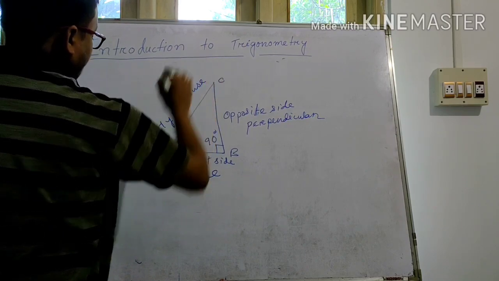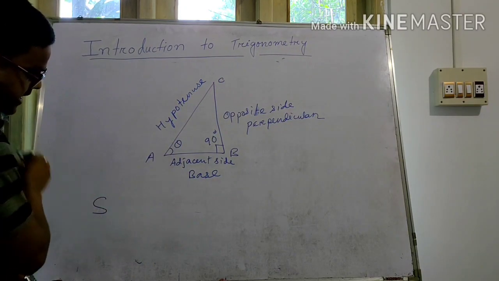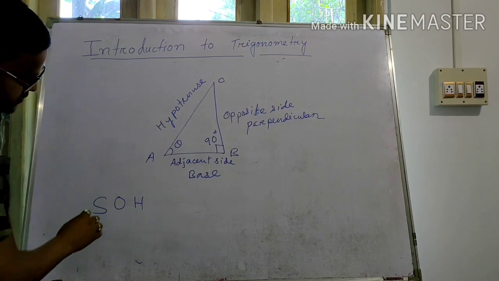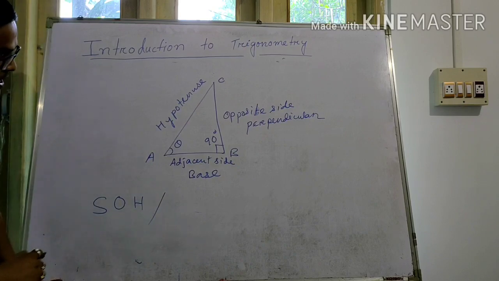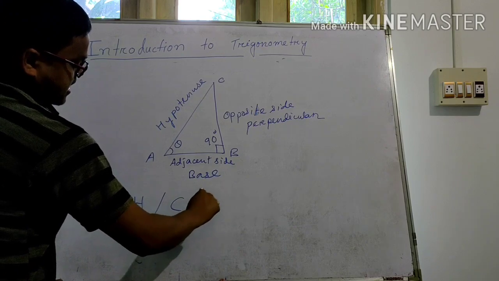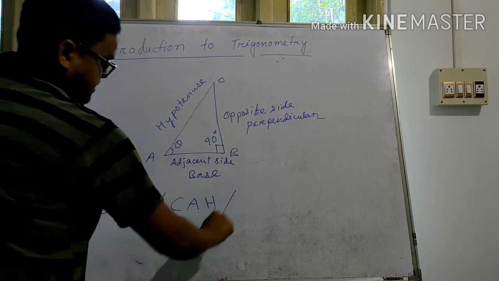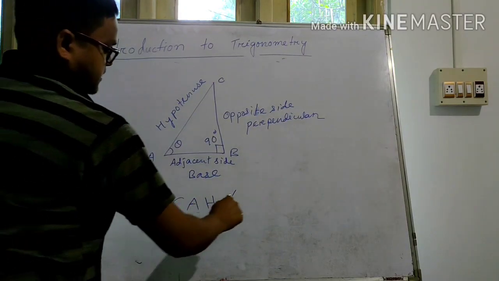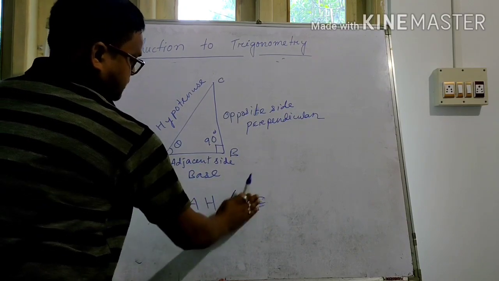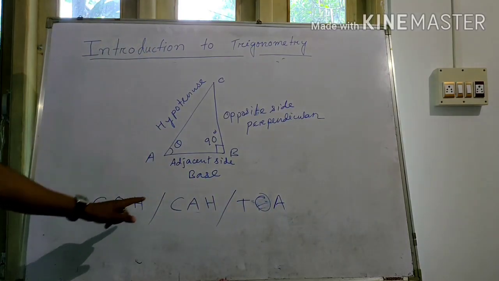So what shortcut method? For sine, S O H; then C A H; so ka; and T O A, toa.